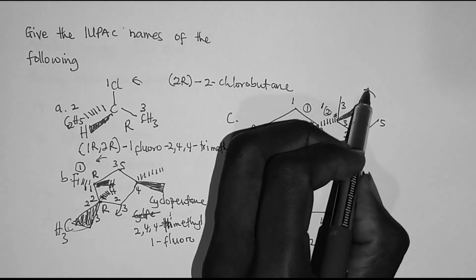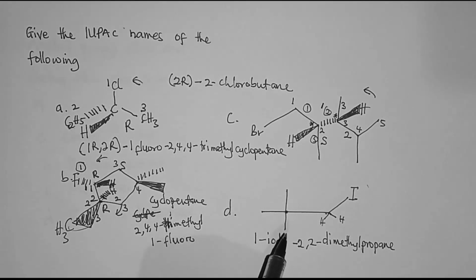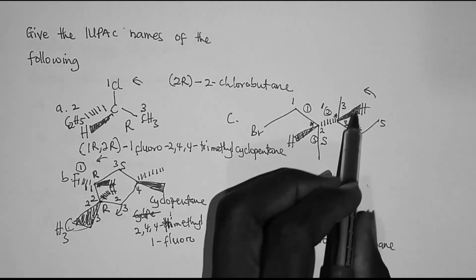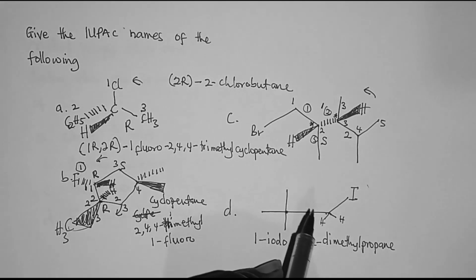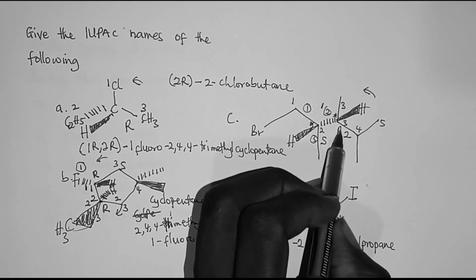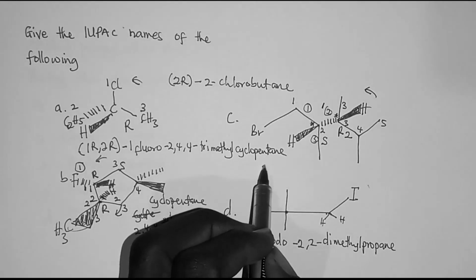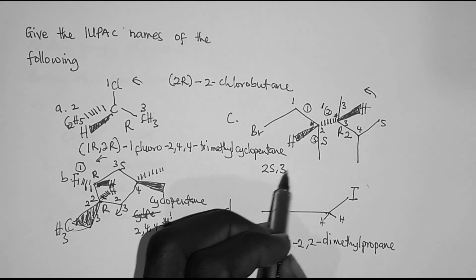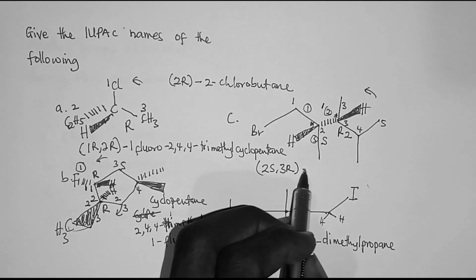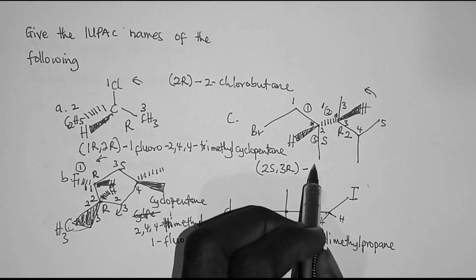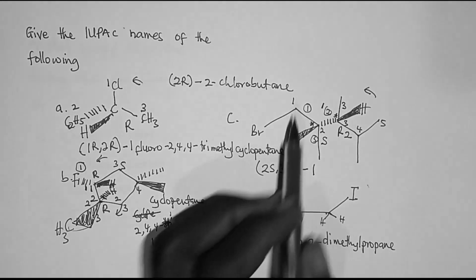So it is moving in the anti-clockwise direction, which is an S. However, because the proton is pointing towards us, we will have to negate the configuration, and that will become an R. So we have a 2S 3R configuration, and 1 bromo, because there's a bromine on carbon number 1.